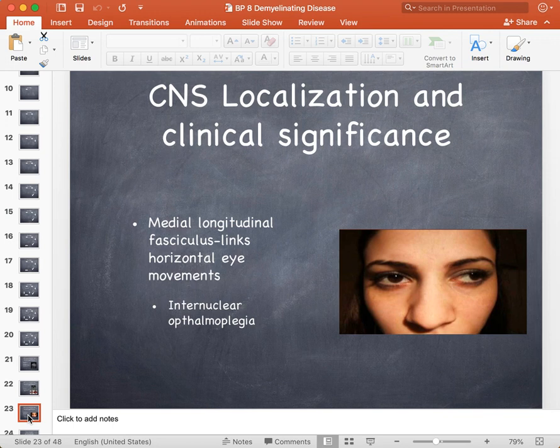Another classic demyelinating disease lesion is a lesion of the medial longitudinal fasciculus, which links horizontal eye movements. Now we have talked about this before in other brain pods, but it's worthwhile to think about. In order to coordinate horizontal eye movements, you need a link between the ipsilateral cranial nerve 6, which is going to move the eye in the lateral direction, and the contralateral medial rectus, which comes from cranial nerve 3, and you're talking about from down in the pons all the way up to quite high in the midbrain.